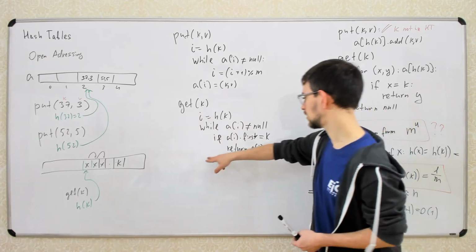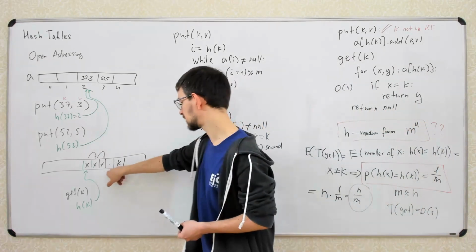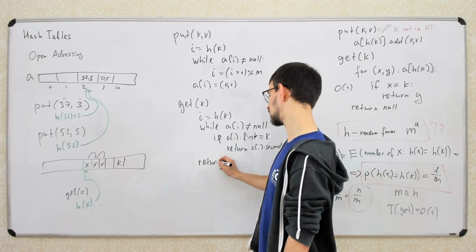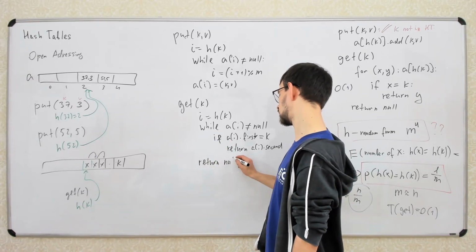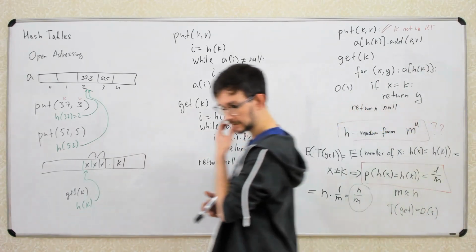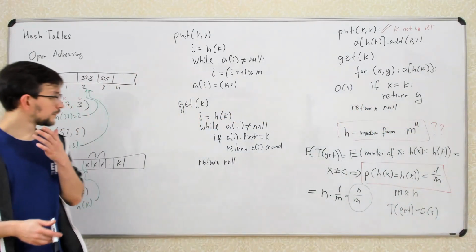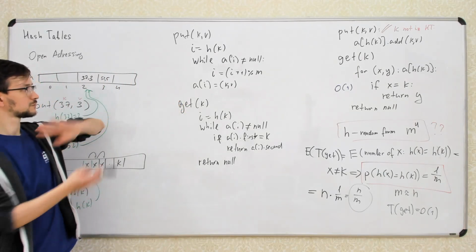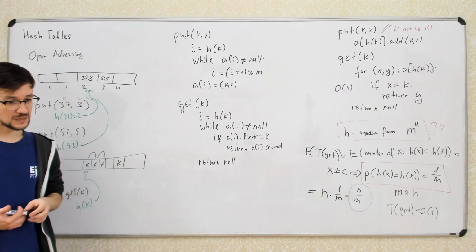If not, if we reach some empty cell, it means there is no key. We return null. That's basically the whole implementation of the open addressing hash map. Looks like this.